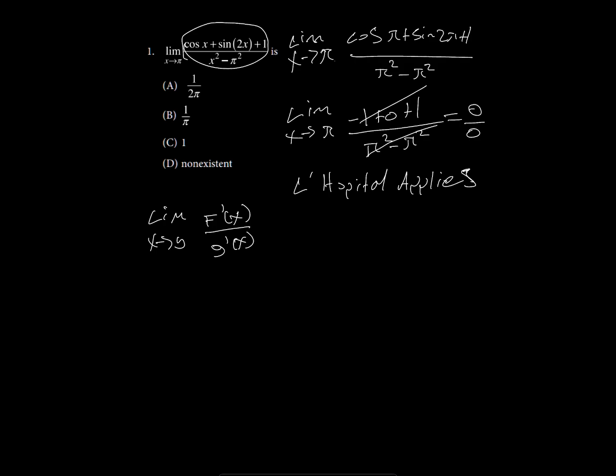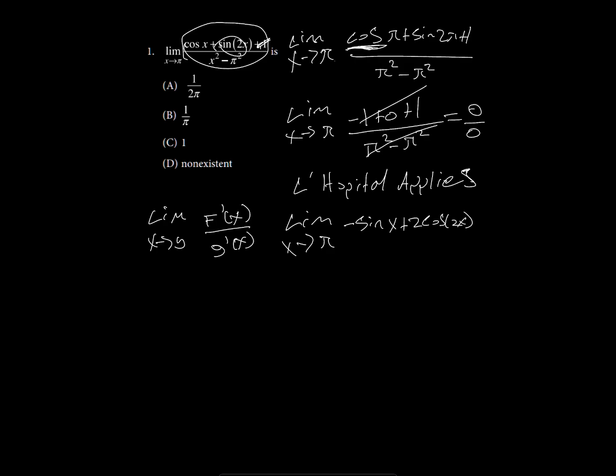So we can go ahead and rewrite this new limit as x approaches pi. The derivative of cosine is just going to be negative sine x, plus the derivative of sine of 2x is going to be 2 cosine 2x.